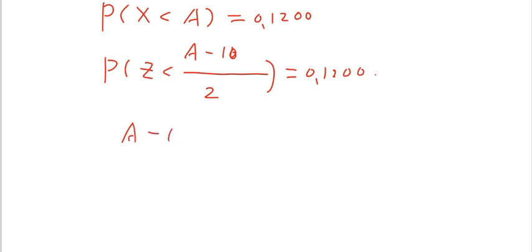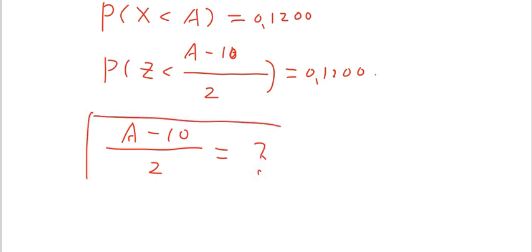So (A minus 10) over 2 equals that number, which you just check from the Z table.